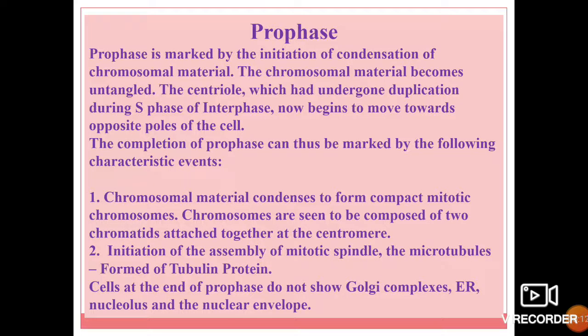Now we shall go phase-wise and look into the different things that occur in each of the phases. So the first phase is prophase. The prophase is a bit longish, and if we want to, we can have further substages as early prophase, mid prophase, and late prophase.